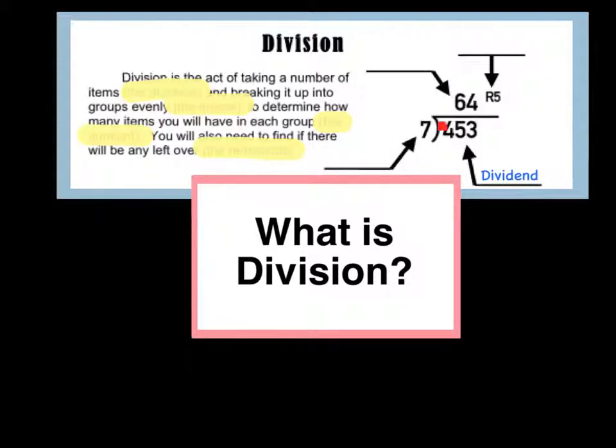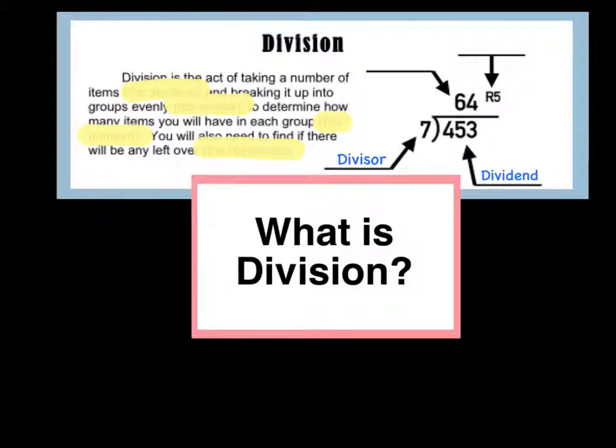Now, the dividend, this number, is going to be divided into a number of equal groups, and that is represented here. So I would read this problem as 453 divided by 7. The 7 is called the divisor.